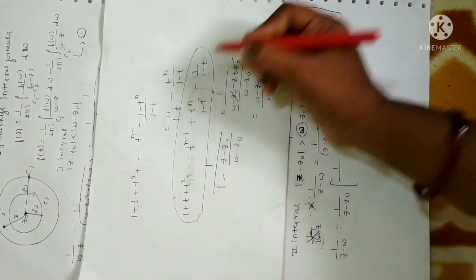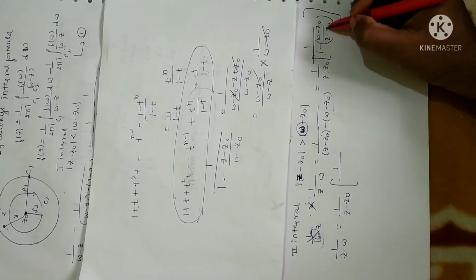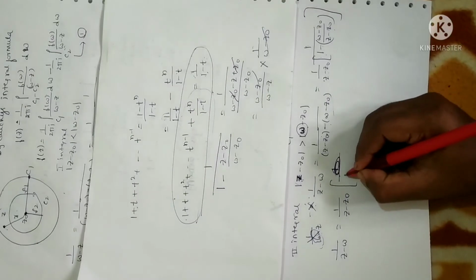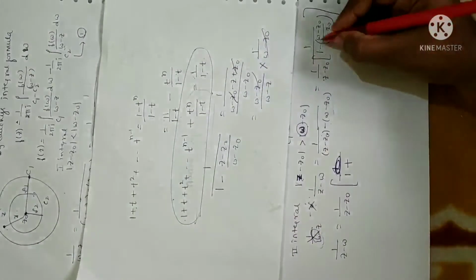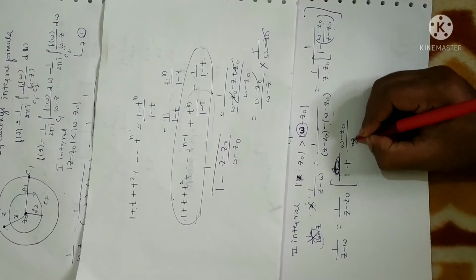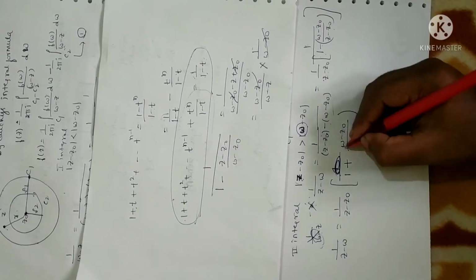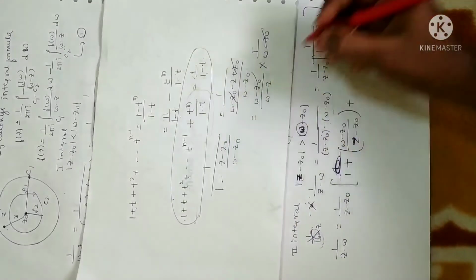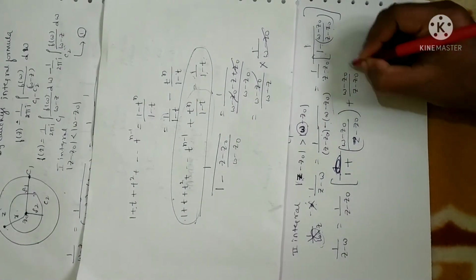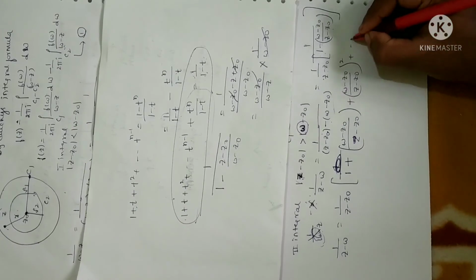So 1 divided by 1 minus t is of the form 1 plus t, in the sense w minus z0 divided by z minus z0, plus t square, in the sense w minus z0 divided by z minus z0 whole square, and so on.